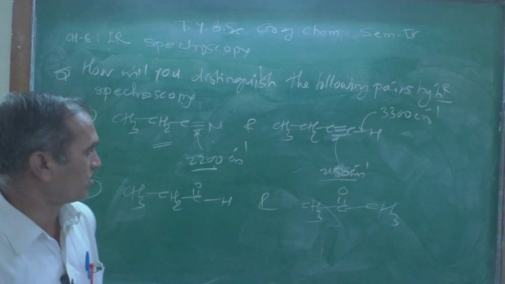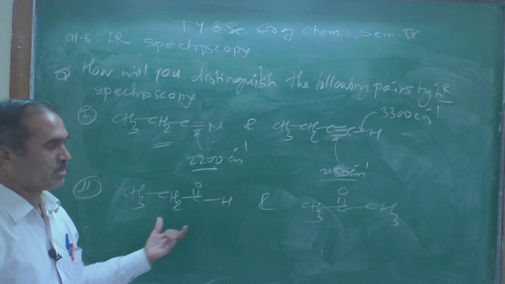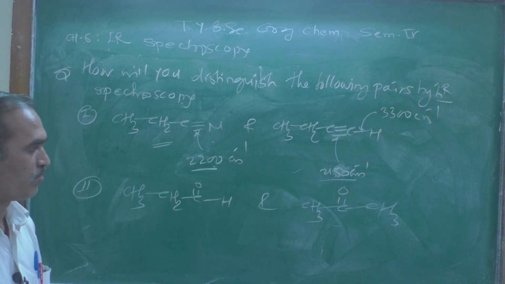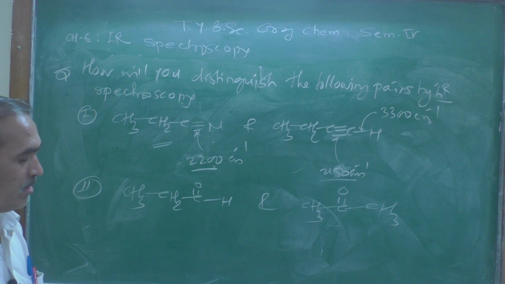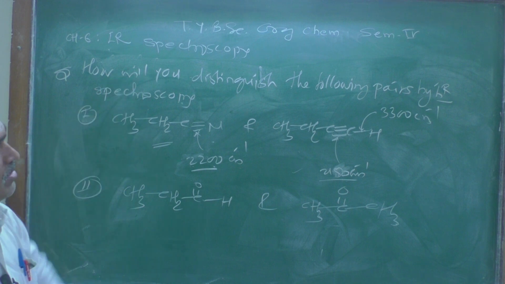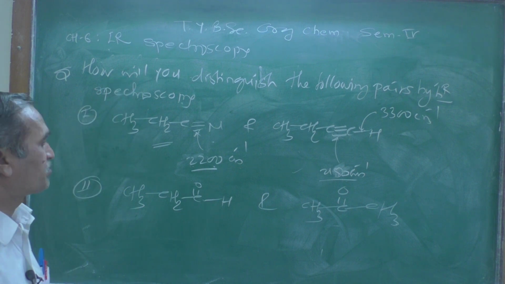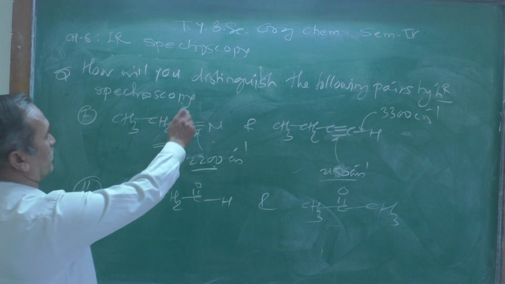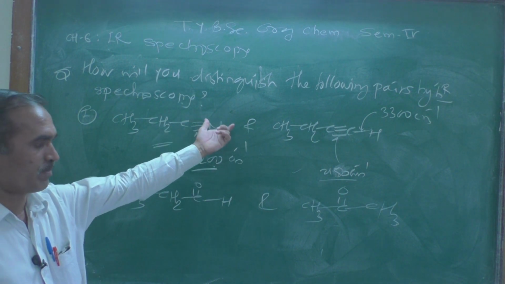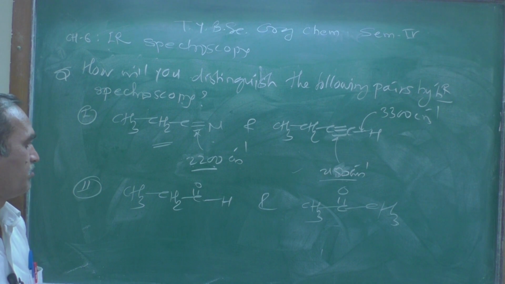So simple structures. One is propanaldehyde and the second one is acetophenone, we know that. Now the question: how will you distinguish the following pair by IR spectroscopy? Here the first one we have explained, now the second one.